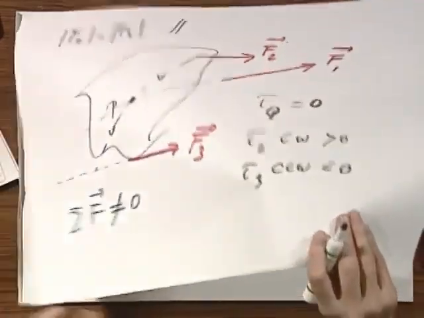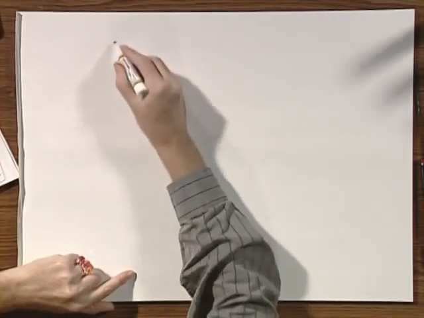And so now the question comes, is it possible that the sum of all forces is 0, but that the sum of all torques is not 0? Of course, that is also possible. And I will show you an example of that.